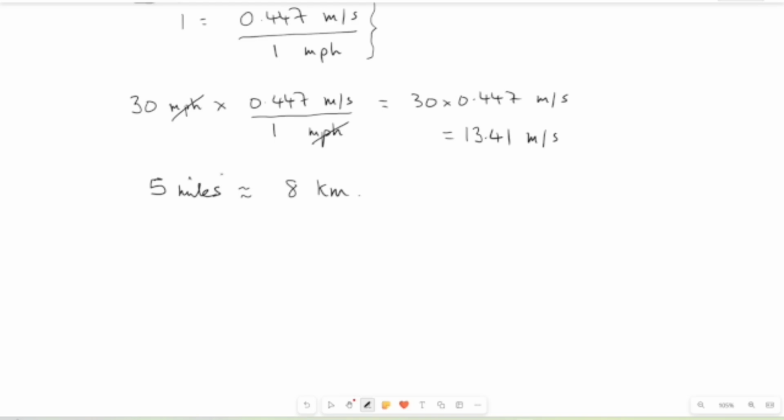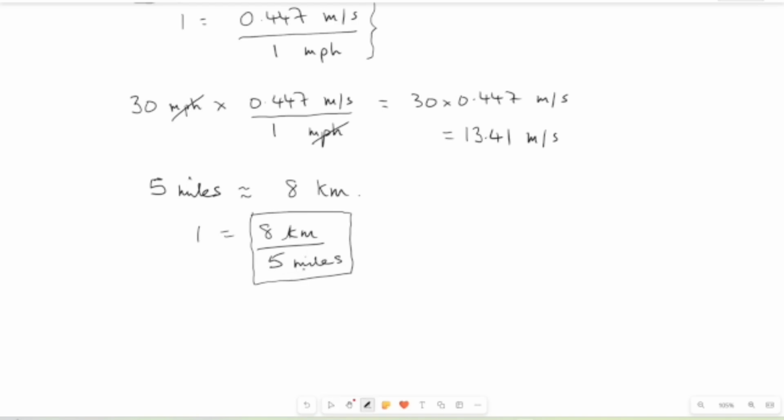So that's one way to remember that. But we can use that to say 1 equals 8 kilometres over 5 miles if we want. And then this becomes our equation that we can use to multiply, or do it the other way up if we have to, if we want to cancel miles with something.